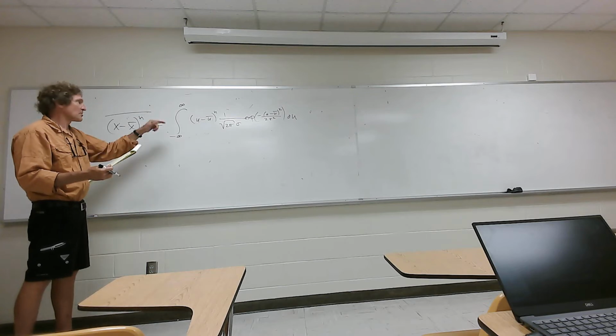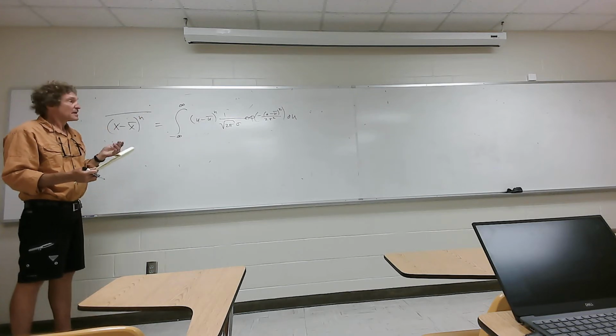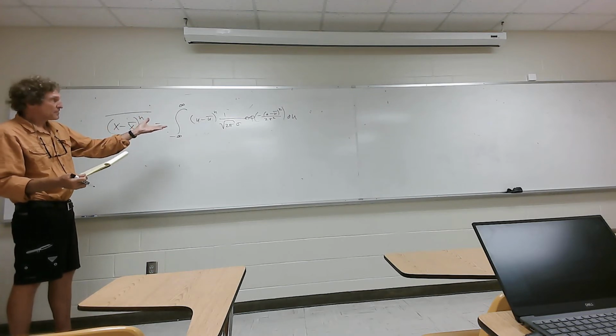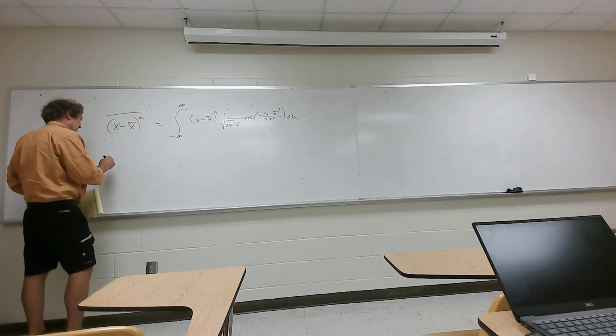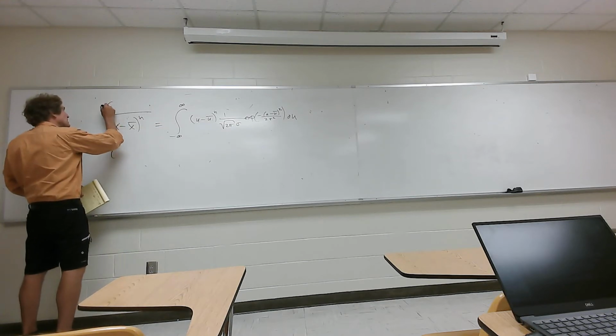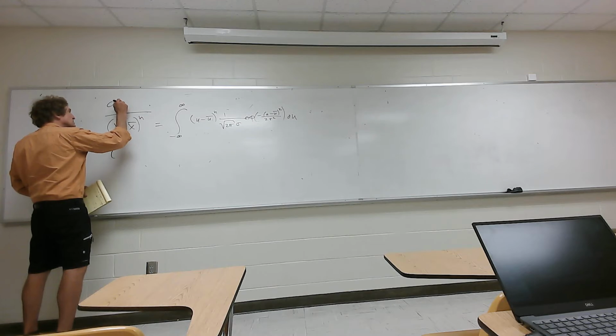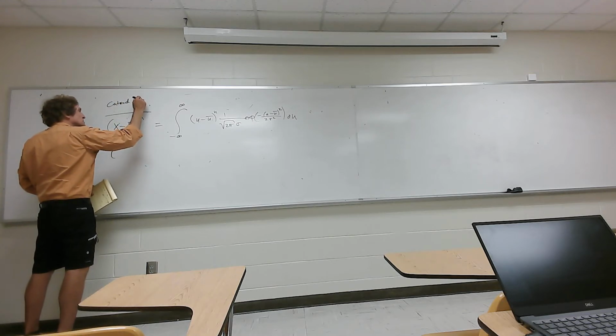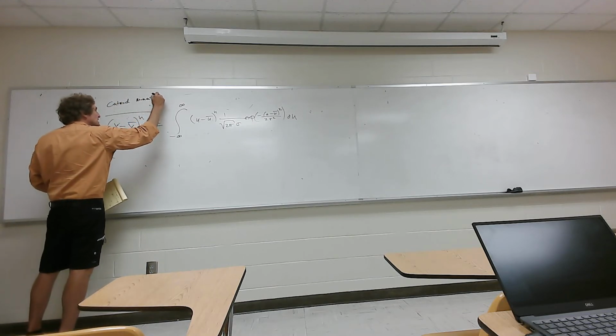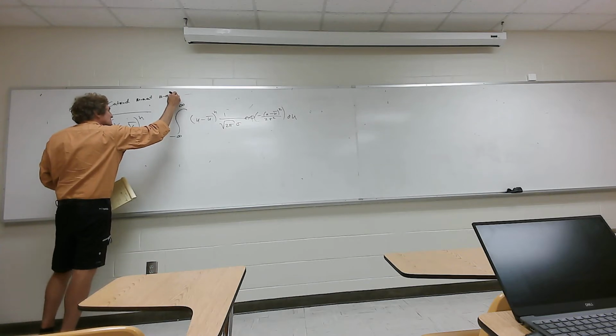My bad. It doesn't have to be that. When you do it, that's what you're doing. All right? Now, this is called a central moment, and it's the nth central moment.